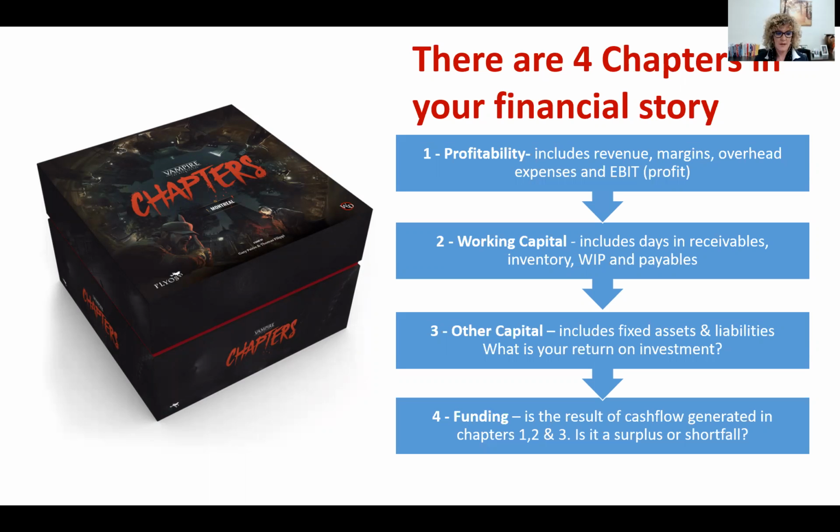So the 3rd chapter in the financial story is other capital, and this includes fixed assets and liabilities, all right? So most businesses require assets to generate a profit. Now that can be in varying degrees. For instance, an excavating business has a lot of expensive equipment, and that helps them build profit in their business. There's a lot of outlay for their fixed assets.